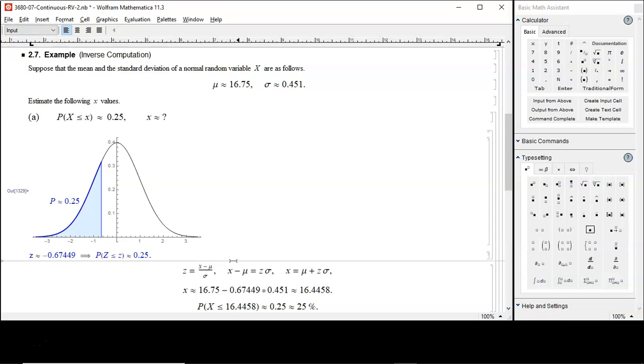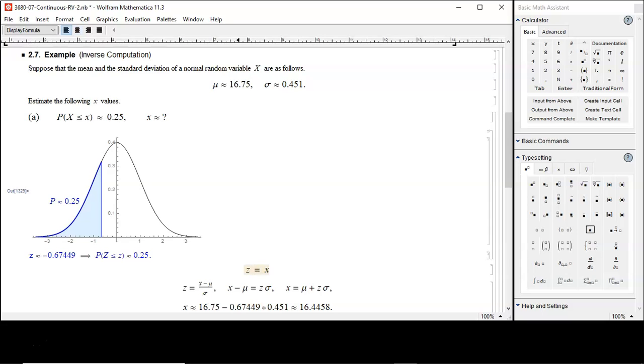So z-value, x minus mu over sigma, is negative 0.675.